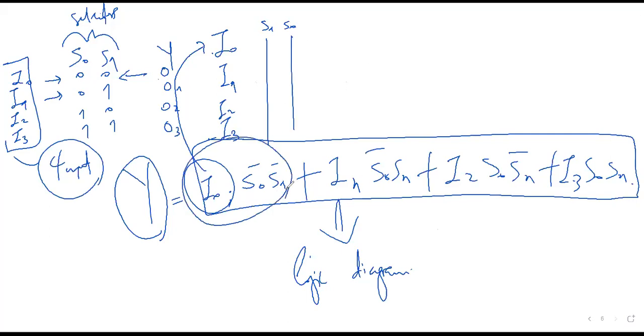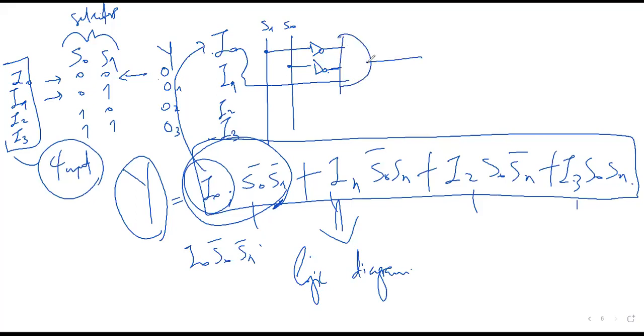For my first output on a stream of inputs, it is I0, S0 bar, S1 bar. It means I have a bar here, I have a bar here, and I have I0. This all goes into an AND.